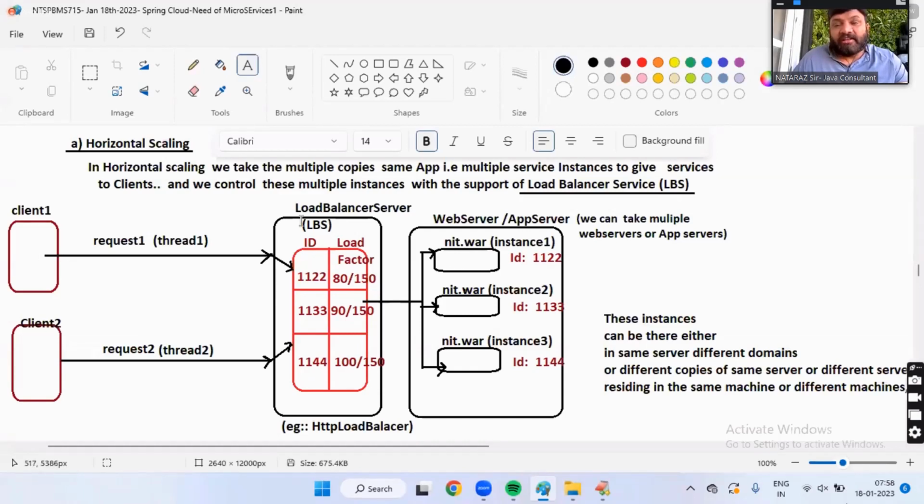Now a new request has come to the load balancer. Which instance will that request be given to? Can you guess? First, second, or third instance? First instance. Why? Because it has the lowest load factor, right, boss?